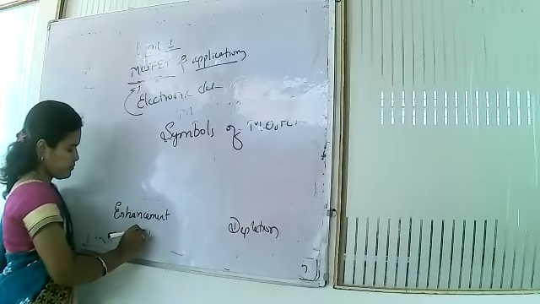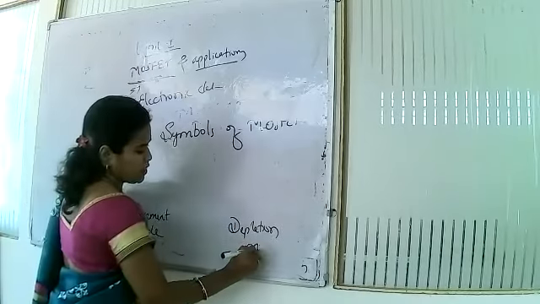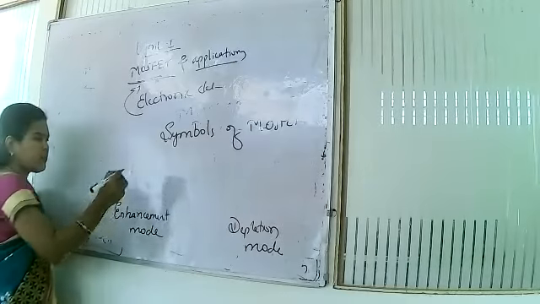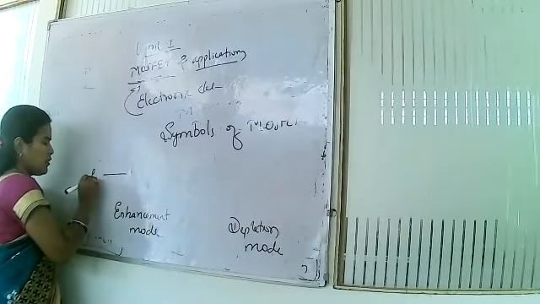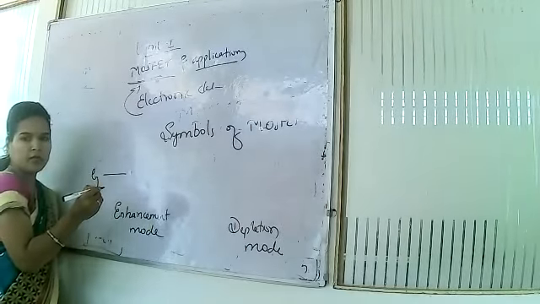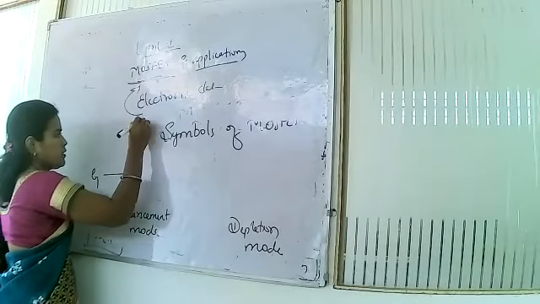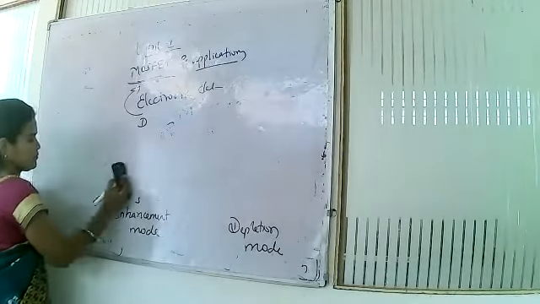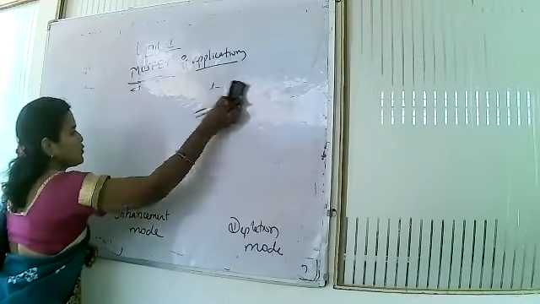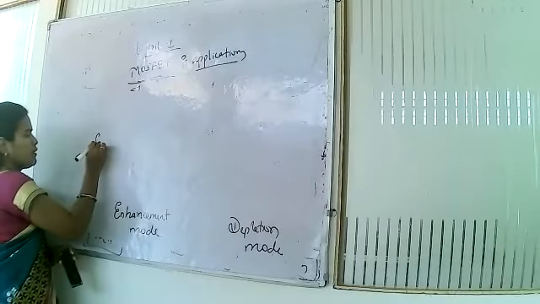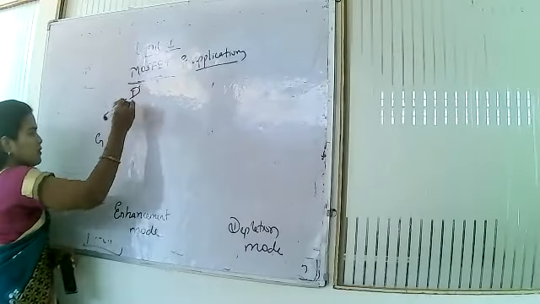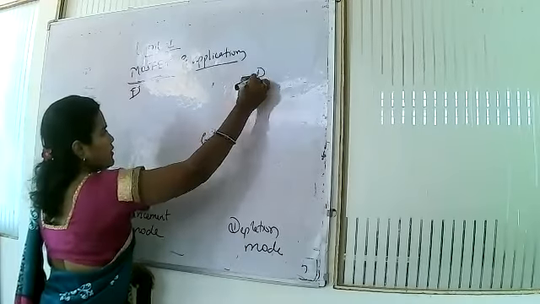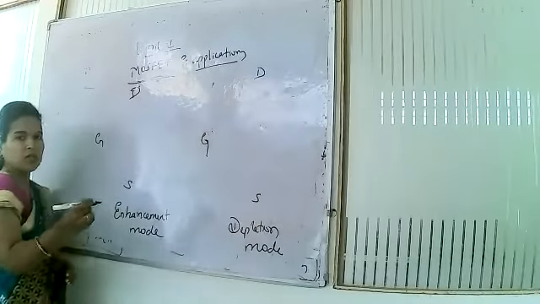In the enhancement mode, you already know you have gate, drain, and source. How to show this? You have gate, drain, and source. Here also gate, drain, source.